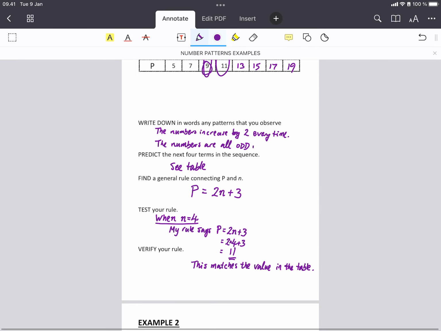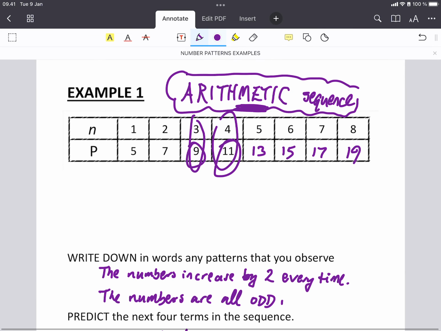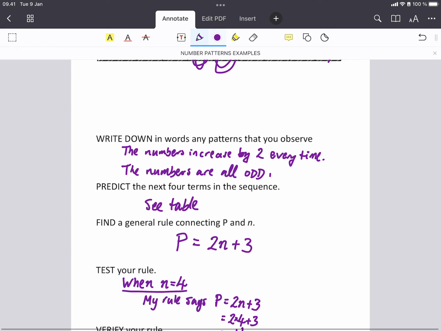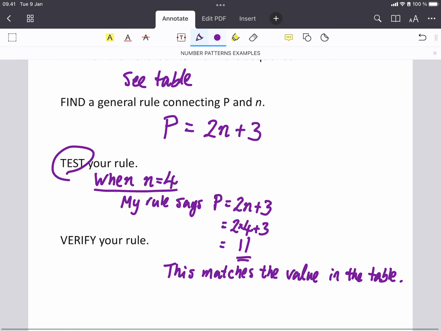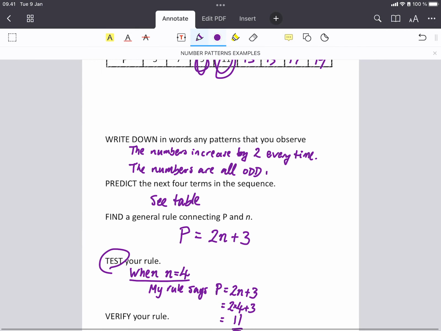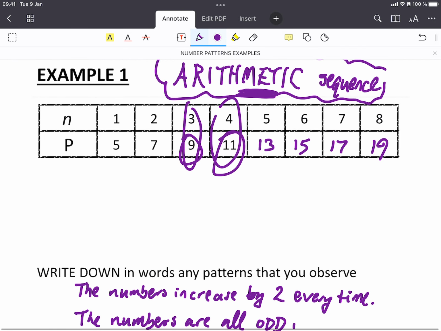And back to the table, that matches the value in the table. So when they say test your rule, they want you to do that for something where they've given you both the position in the sequence and the actual value of the sequence.